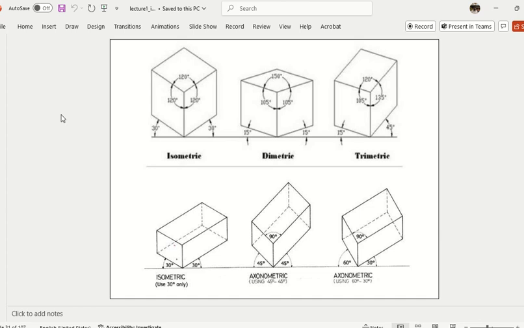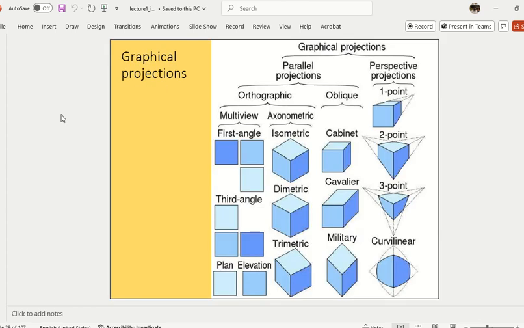This is 3D, this is 3D. This is according to axonometric, this is according to oblique. Just focus on these two. What is the difference between this and this?